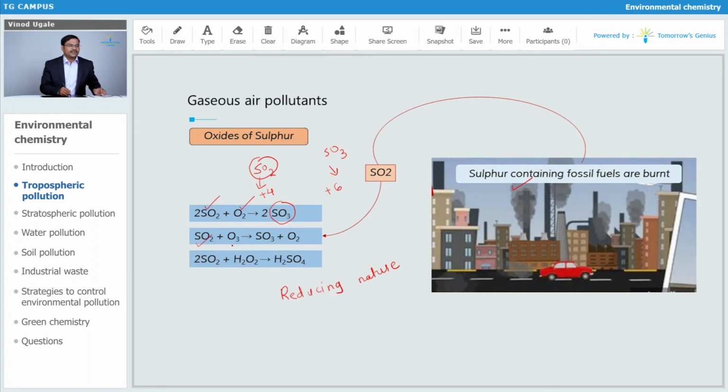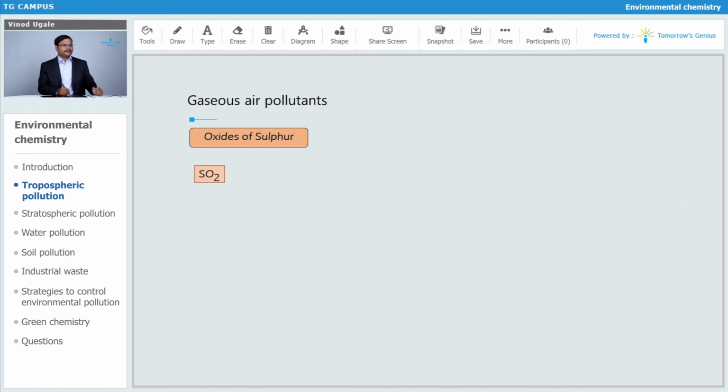Sulphur dioxide also reacts with ozone present in the atmosphere, and again it forms sulphur trioxide. SO2 can also react with hydrogen peroxide, H2O2, to form H2SO4. Again, we will see the effects of sulphur dioxide, what it does to us.